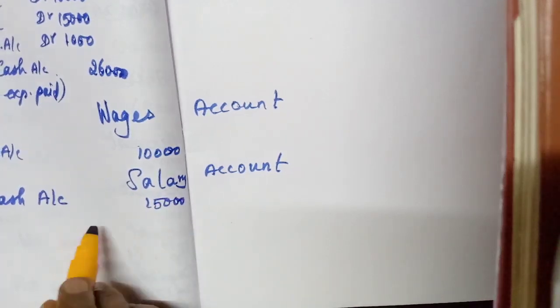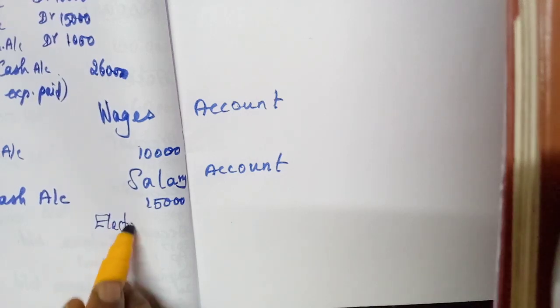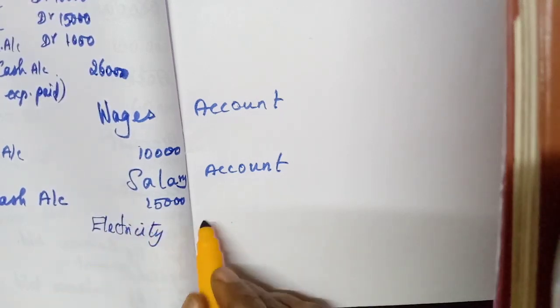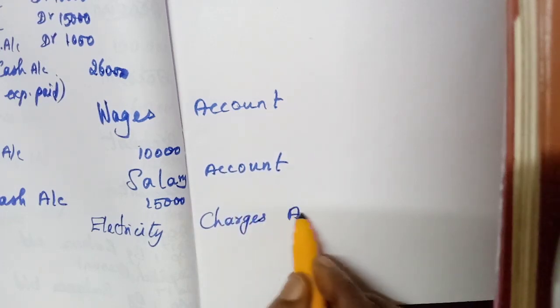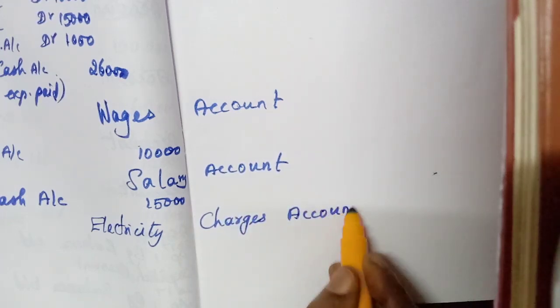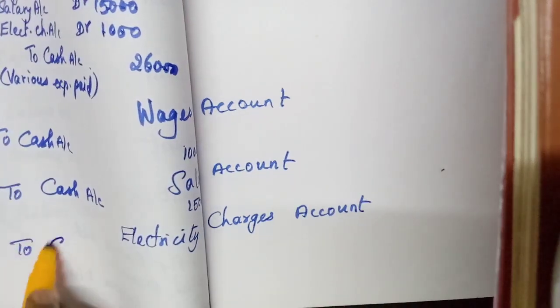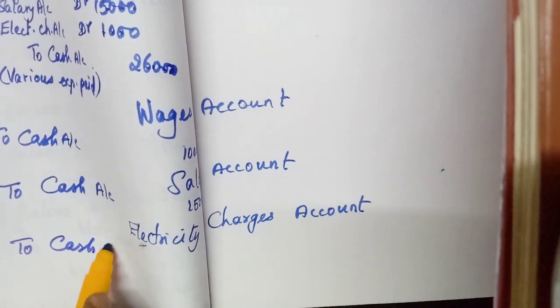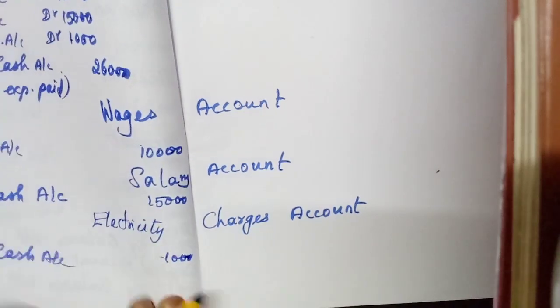Then electricity charges account. There again the debit side, to cash account. Electricity charges only 1,000.